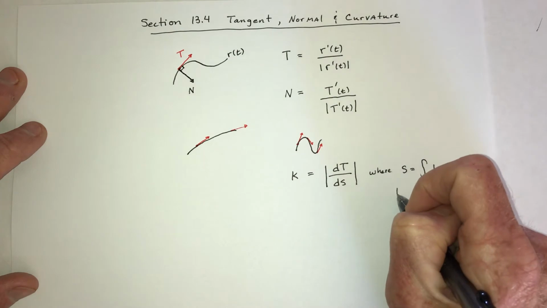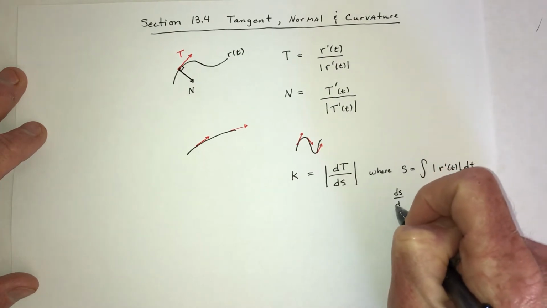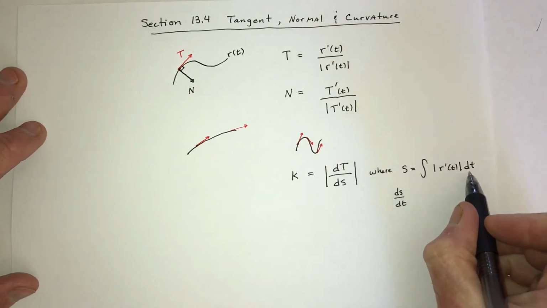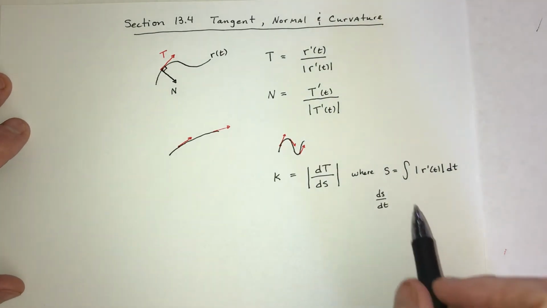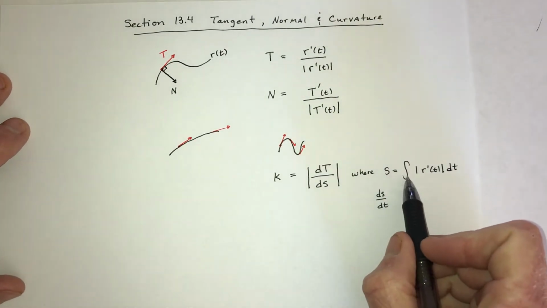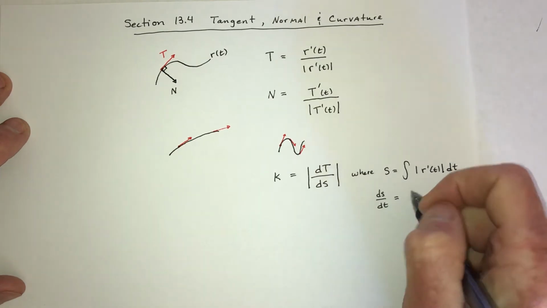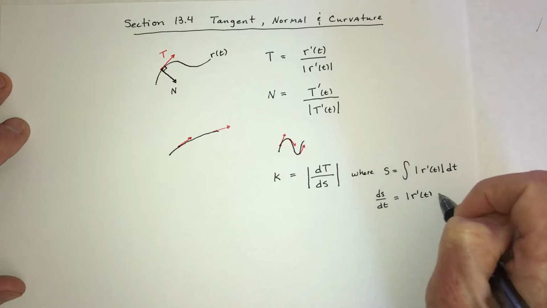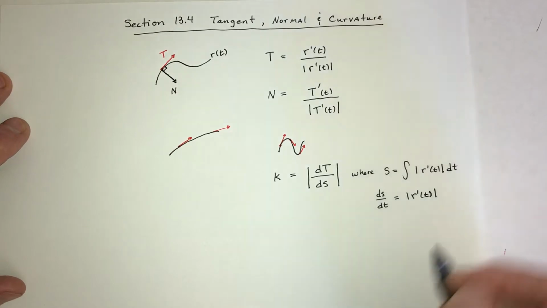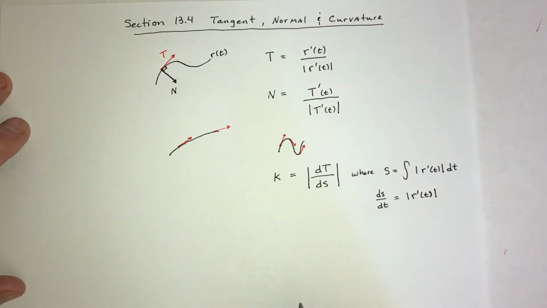So what happens if you take the derivative of s with respect to t? Because this is a function of t, this is a function of t. So what if you take the derivative with respect to t? Well, if you take the derivative of the integral, they cancel each other out. And you'll get just the length of r prime. So that's what ds/dt equals.